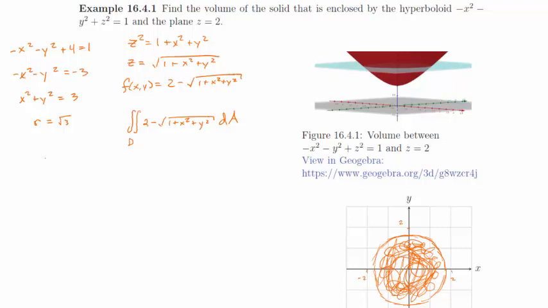And so now I'm going to move this one more time. Convert this into polar form. So we have our angles going from 0 to 2 pi. My radius is going from 0 to the square root of 3.